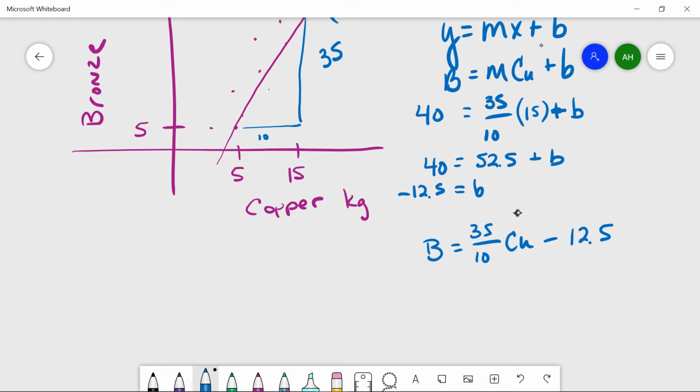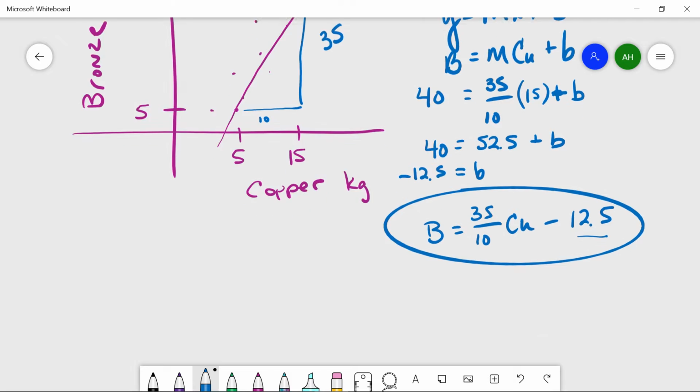This is the equation of the line that I'm looking for. I found my slope by finding two points on my line and figuring out the rise over the run. I found my intercept by taking that slope and picking a point on the line and entering the two values for that point, and that's how I was able to solve for my intercept.